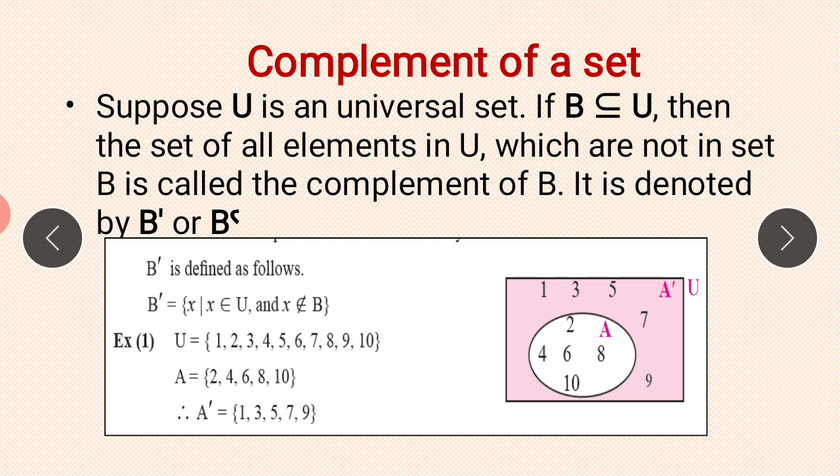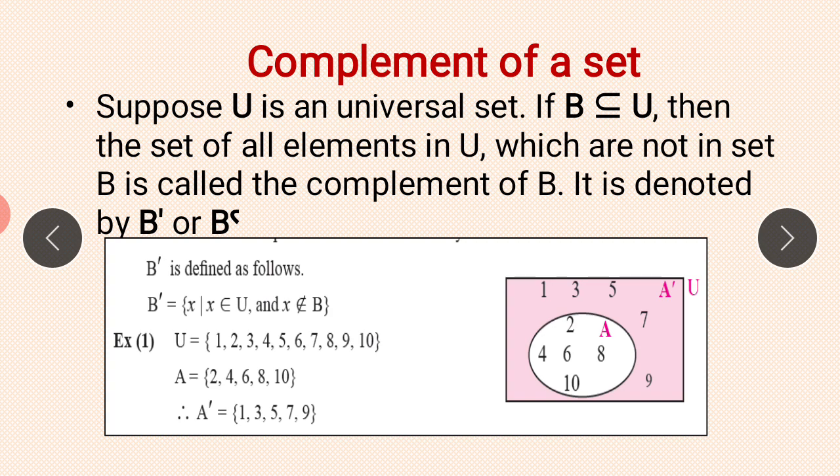First, one example is there. Universal set = {1, 2, 3, up to 10}. Set A = {2, 4, 6, 8, 10}. Now you find out the complement of set A. How?